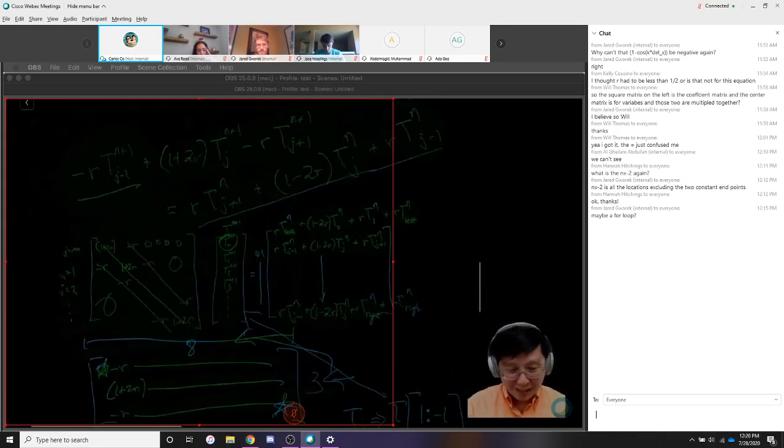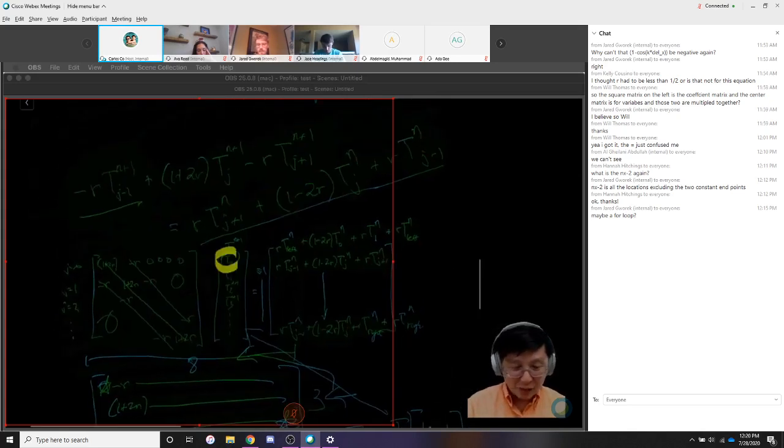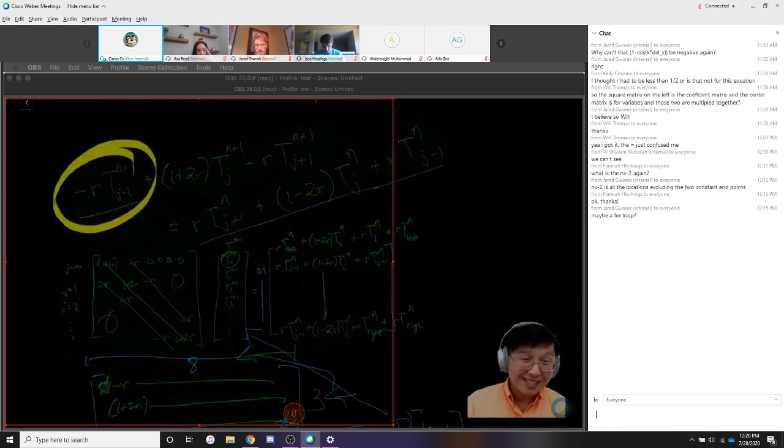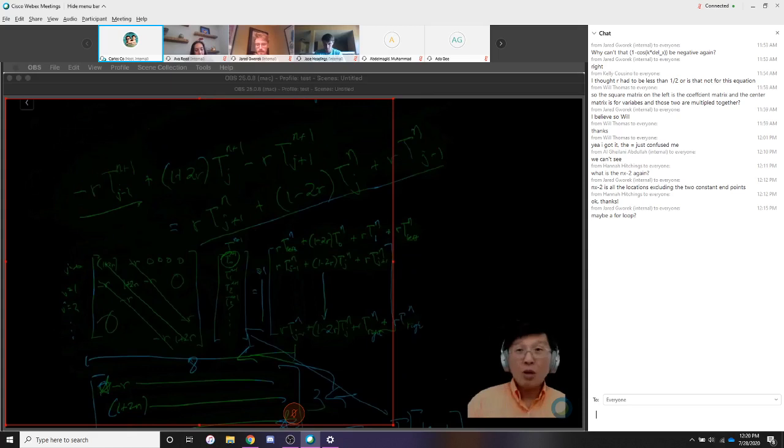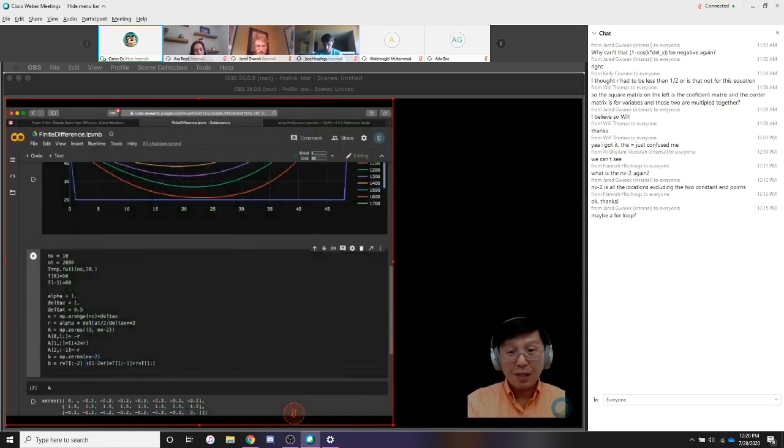You know what that is. That's the temperature at that boundary. So this one here corresponds to this temperature here. You cannot solve for that because it's not an unknown. So this one gets added to the right-hand side of the equation. That's the temperature at the left boundary.